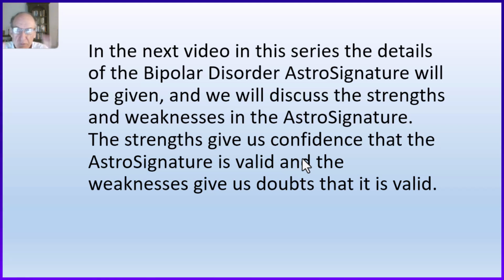So several more videos, one on the details, one on how we do forecasting, one on cases where the person scores low on this but has bipolar. Why is that? What is it telling us? And in the future, we'll have fewer and fewer cases that do not agree with the AstroSignature as we improve it. We already have a tremendous amount of numerical, statistical support for this.